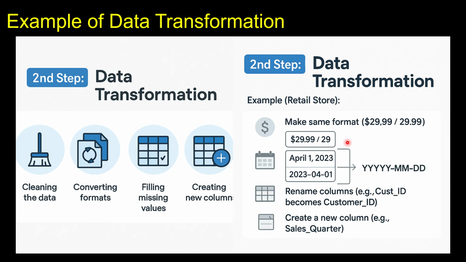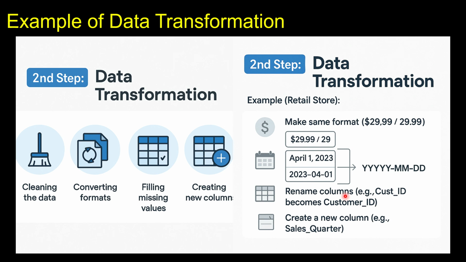Also, your purchase date column has mixed formats like 1/4/2023, or another format is April 1, 2023, or another format is 2023, 04, 01. So you need a standard format.